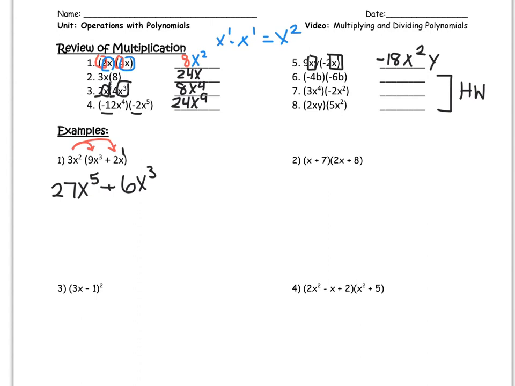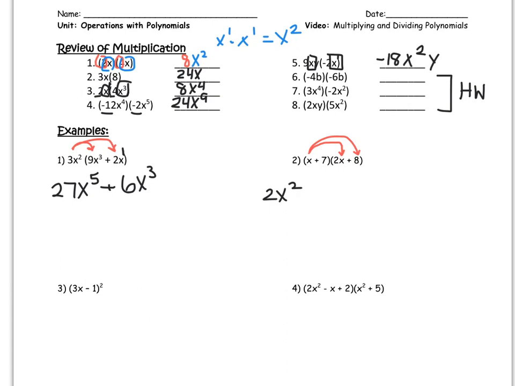Okay? Number 2 is done the same way, except we're going to double distribute. You take this x term and multiply it by everything in the second term. So watch. x times 2x is 2x squared.